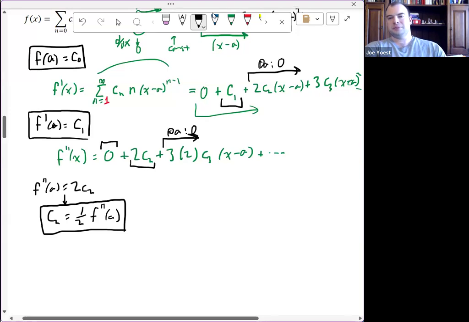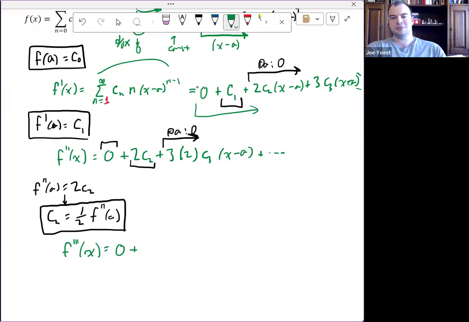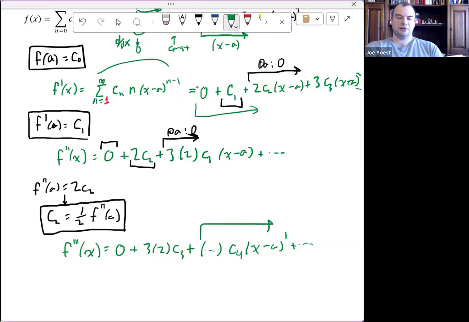But what's C3 be? If I take the third derivative, 2C2 now differentiates to 0. The C3 term, 3 times 2 times C3, x minus a differentiates to 1. And then I'll have some constant C4 times x minus a to the first, and so on. All of this stuff will have at least 1 power of x minus a in it.